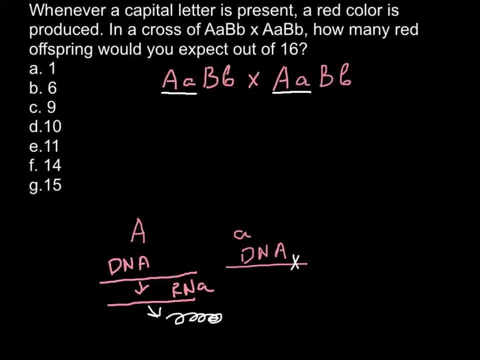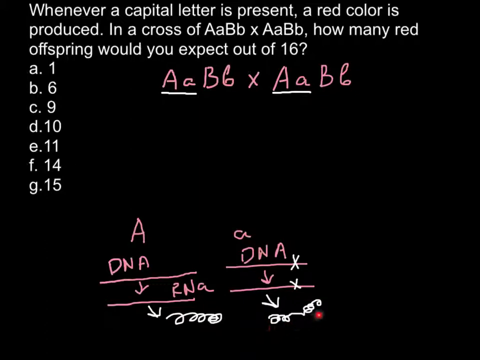For example, something is mutated here, and as a result the messenger RNA would also be produced defective, and when the protein takes its shape, imagine that this shape would be different from the shape that allele capital A would produce.